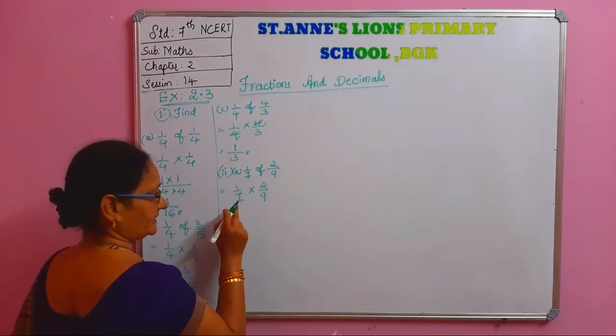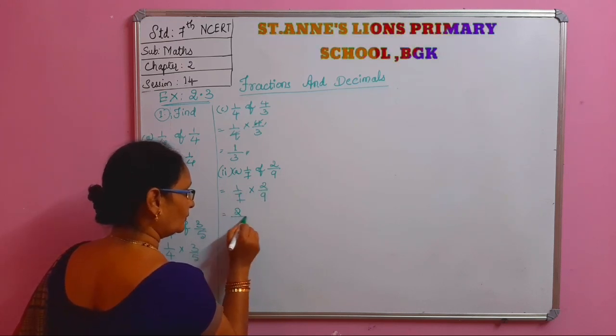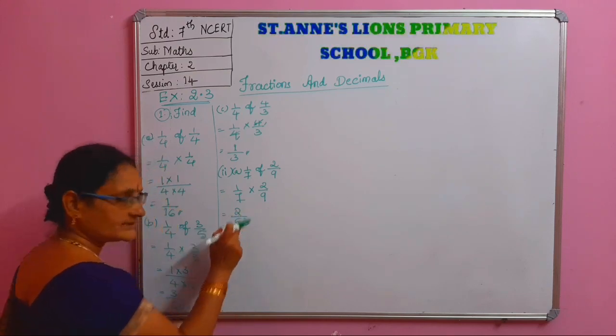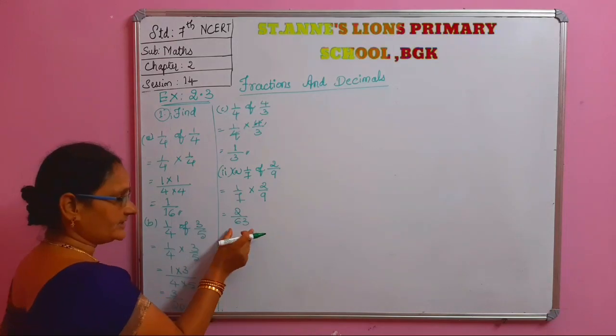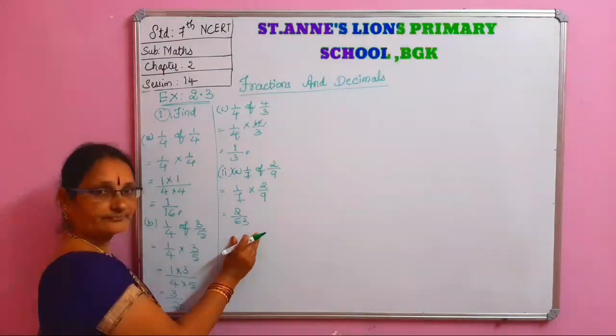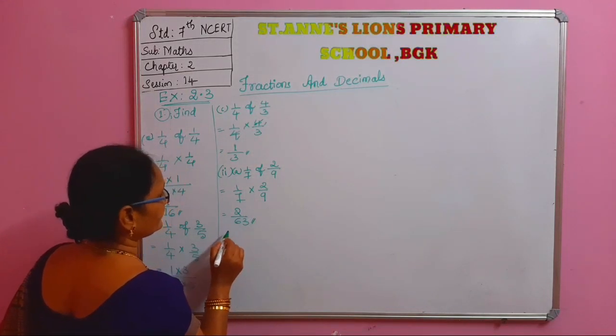Numerator to numerator, denominator to denominator. That is 1 into 2, 2. 7 9s are 63. Here any cancellation, just you observe. Here it is not possible, so automatically here also it is not possible. But still just have one watch. No, 2 by 63. Okay, this will be the answer.